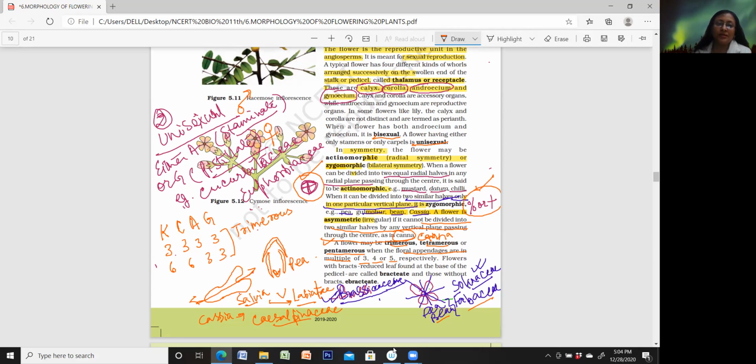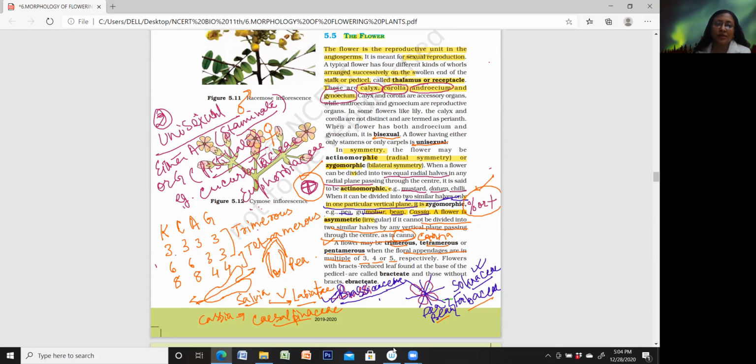Similarly, if I find that K is 8, C is 8, A is 4, and G is 4, I will call this flower tetramerous because it is in 4 or multiples of 4.